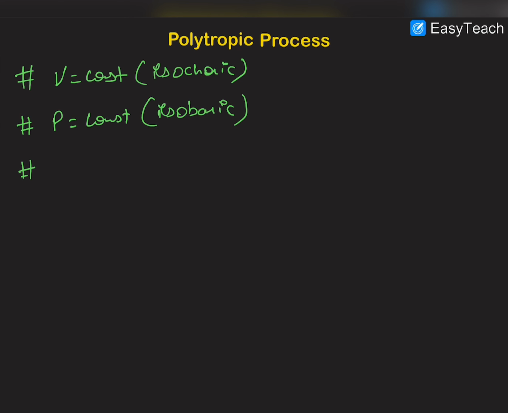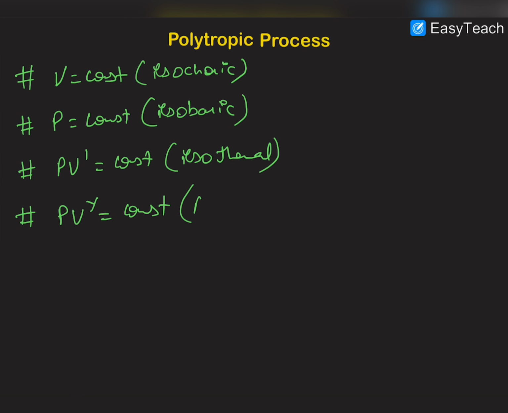Then we studied PV to the power 1 is constant. This is isothermal process. Then we studied PV to the power gamma is constant. This is adiabatic process. This gamma is obviously Cp by Cv.